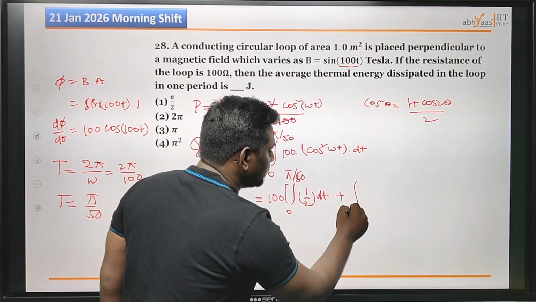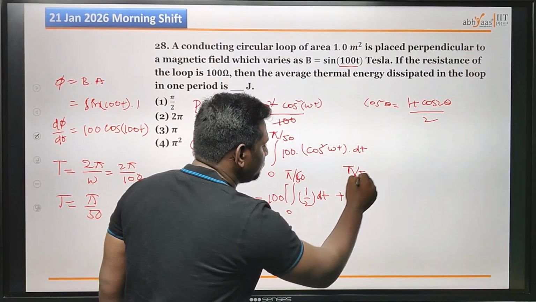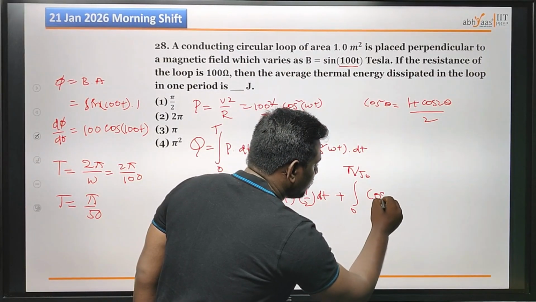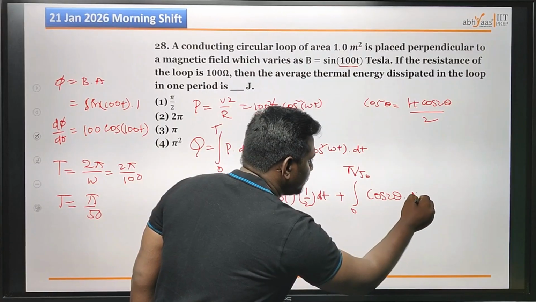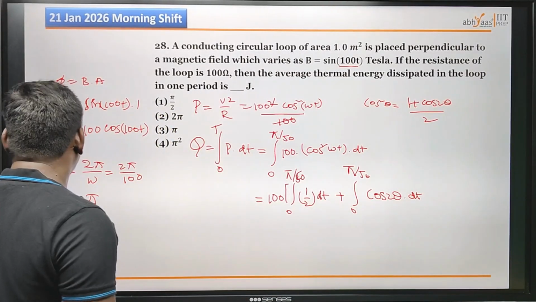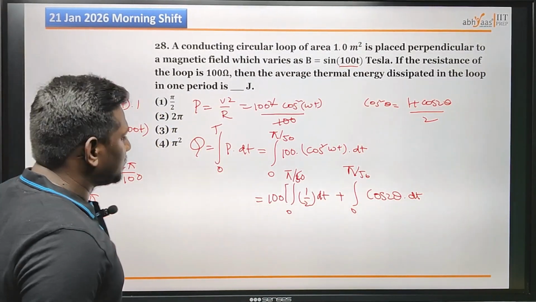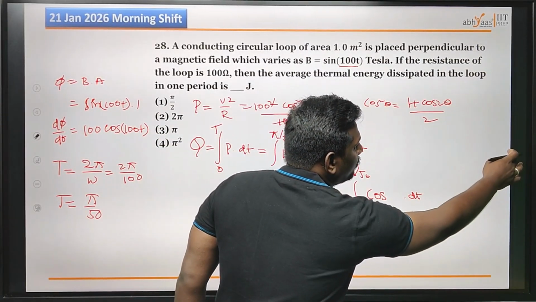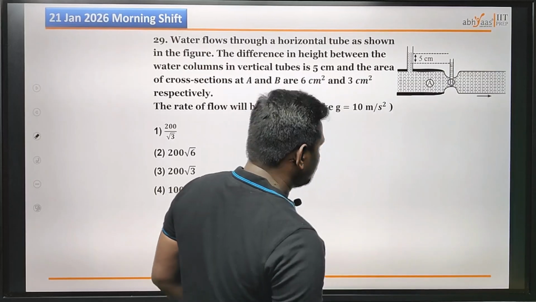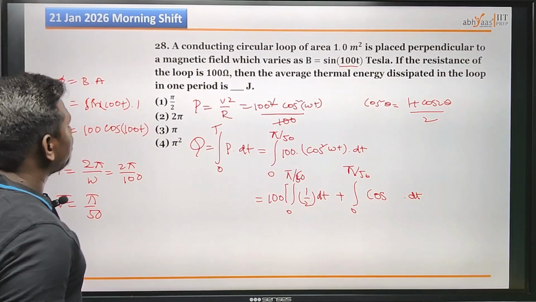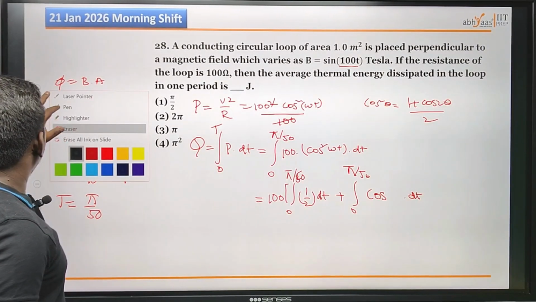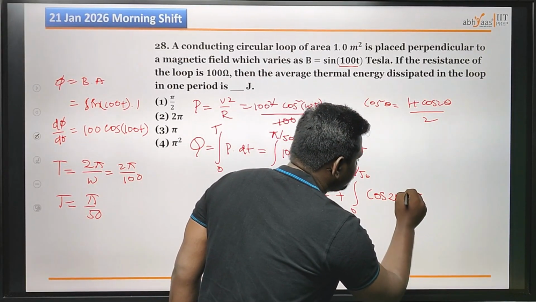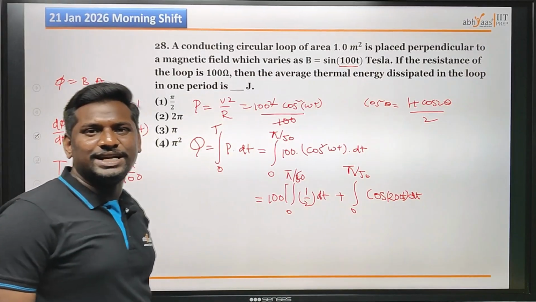plus integral 0 to pi by 50 of cos 2 theta dt. What is that cos 2 theta? Here cos 2 theta is nothing but cos 200t.